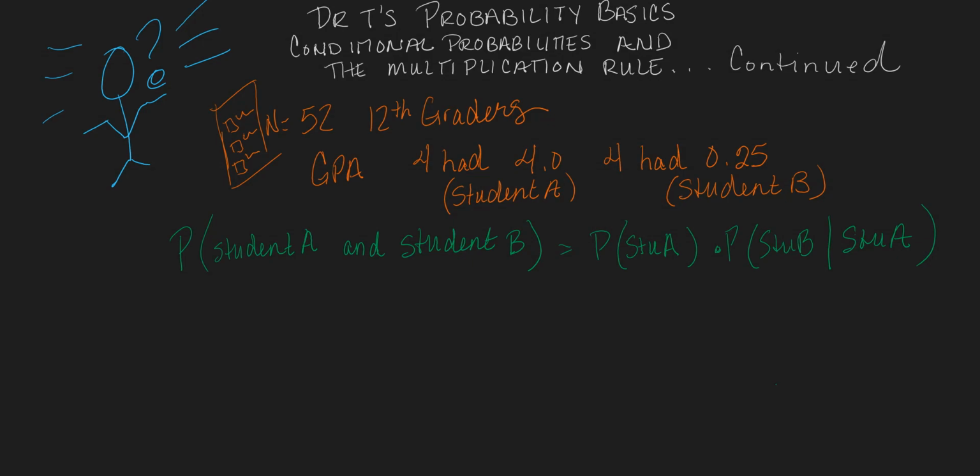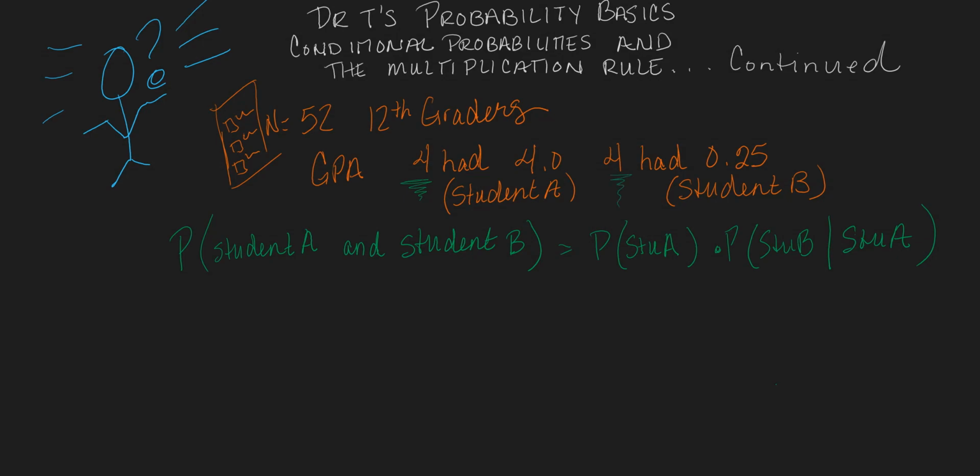Okay. So we have the probability of pulling student A and student B. Because this is a dependent probability, the formula is probability of student A times probability of student B given student A. So the first survey that we pull, we know that there are 4 students who had a 4.0 GPA, and we know that there were 4 that had a 0.25 GPA.